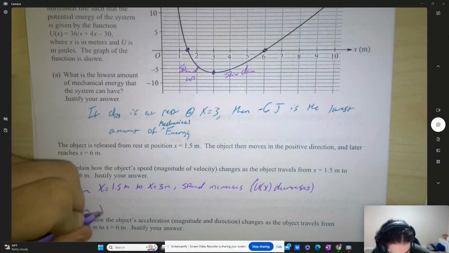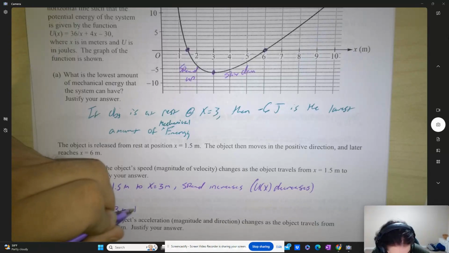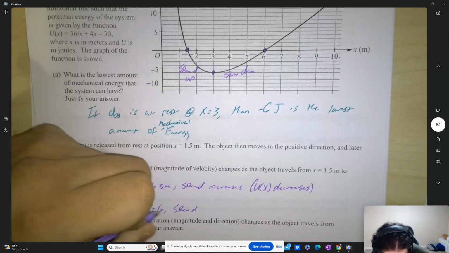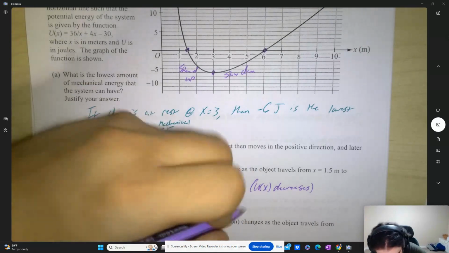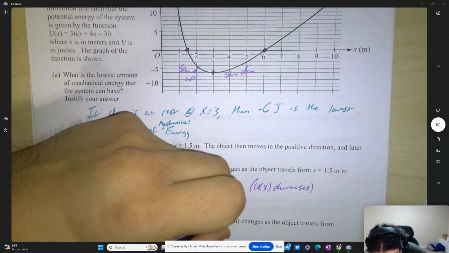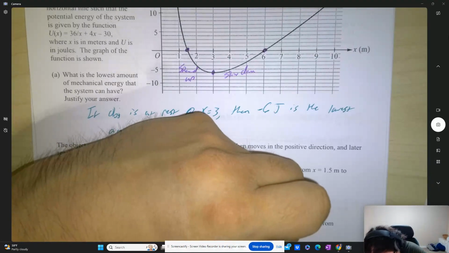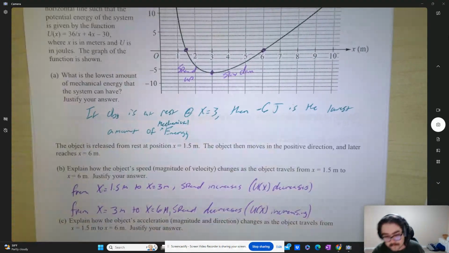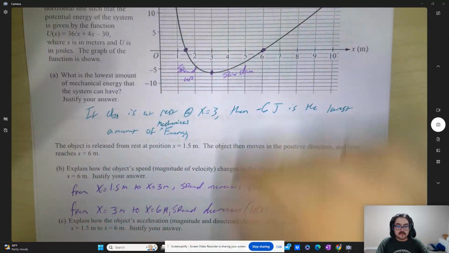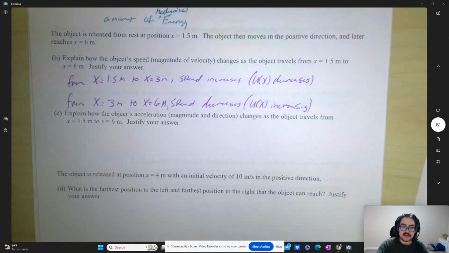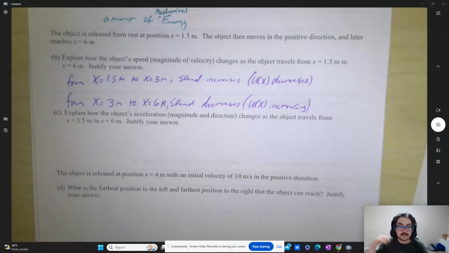From x equals 3 meters to x equals 6 meters, sorry, speed decreases because your potential energy is increasing. Okay? So if your potential energy increases, then you have to be moving slower, right? Because then more of your kinetic energy is getting turned into potential.